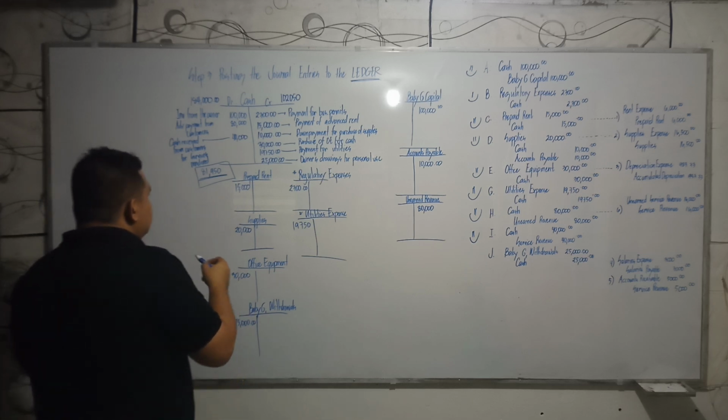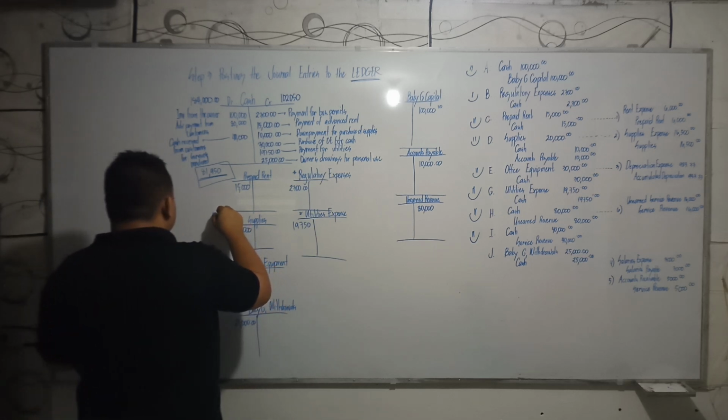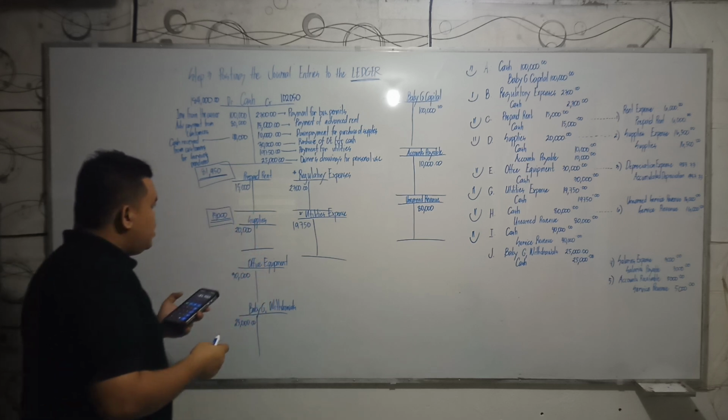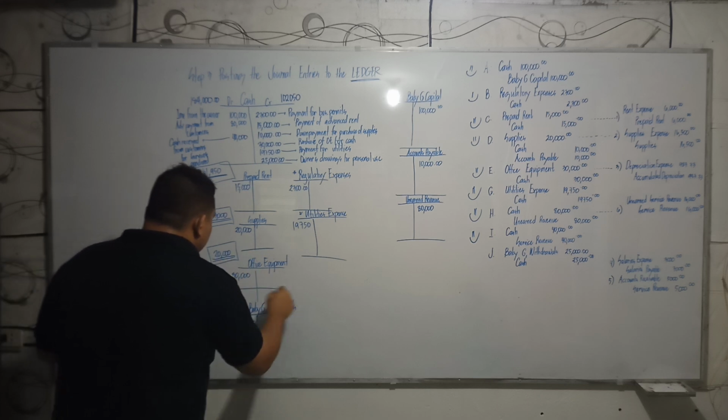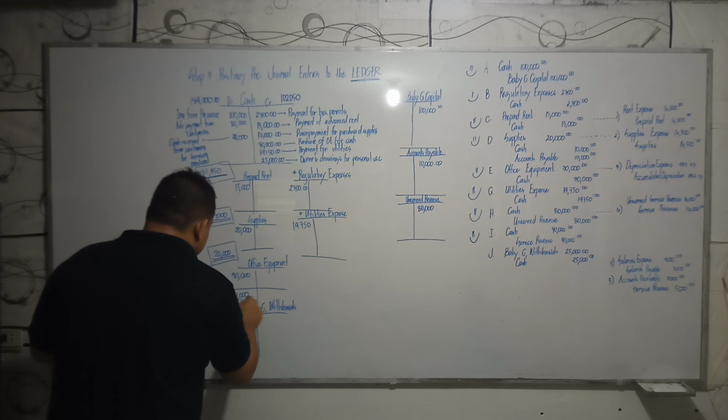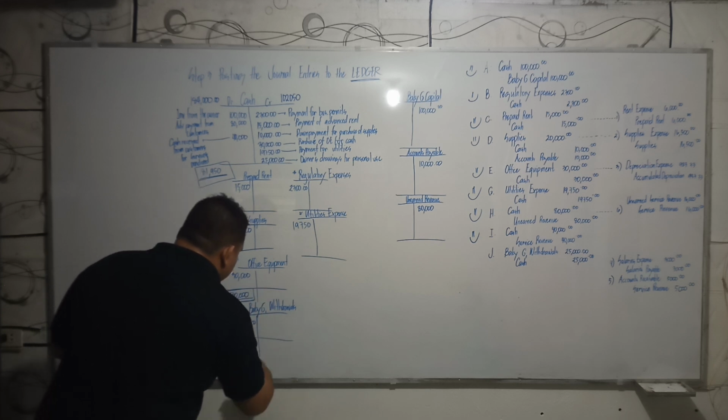So that's debits, and we have prepaid rent. It's still 15,000 because again, this is the unadjusted balance. And we have supplies, 20,000. And we have the office equipment, 30,000. And we have the BBG withdrawals, 25,000.